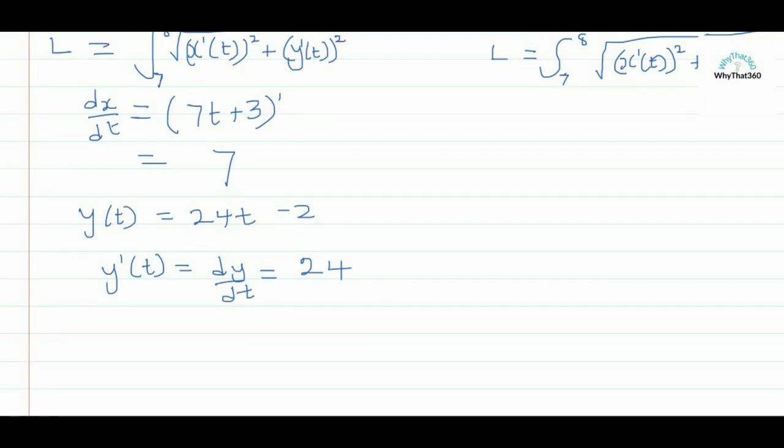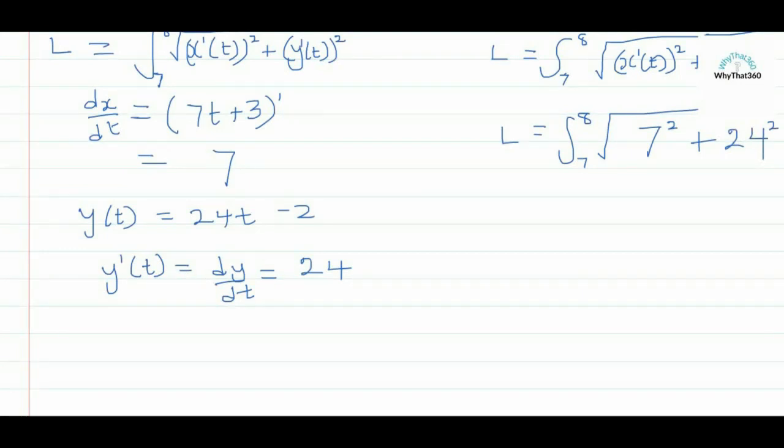We will get the length to be equal to the integral from 7 to 8 of the square root of x prime t, which was obtained to be 7, and we will square that, plus y prime of t all squared, which was taken to be 24. And we will square that one also.